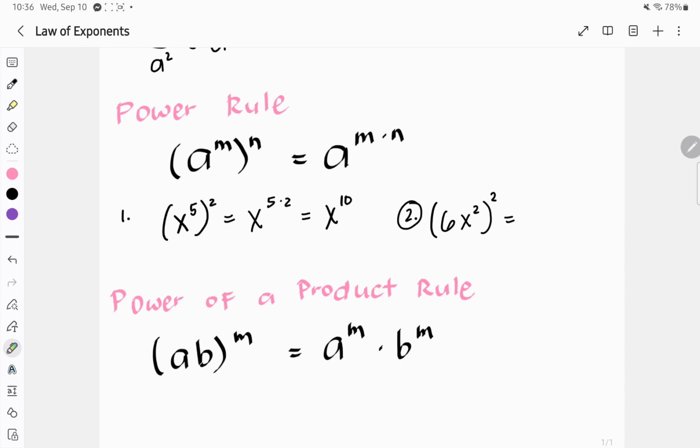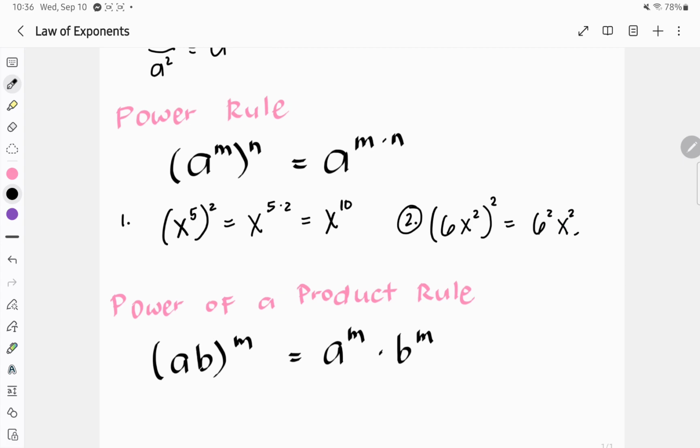So using the power of a product rule, that will be 6 raised to 2 times x raised to 2 raised to 2 again. Where did that come from? This 2 is distributed to each expression with different bases. This 2, when distributed here, gives this. Then this 2, when distributed here, gives this. The scenario is that this one is already raised to 2.